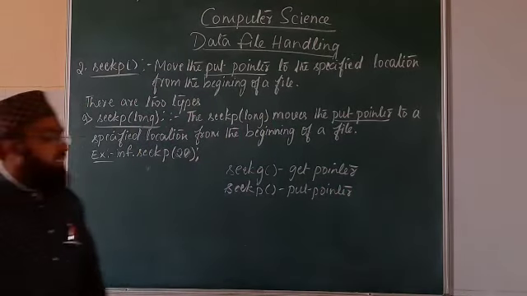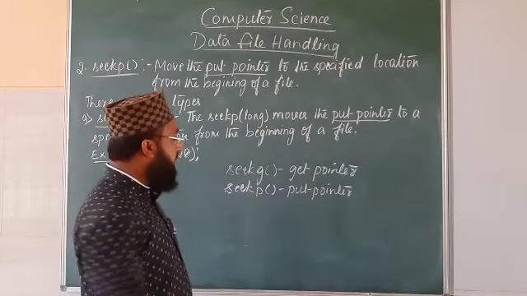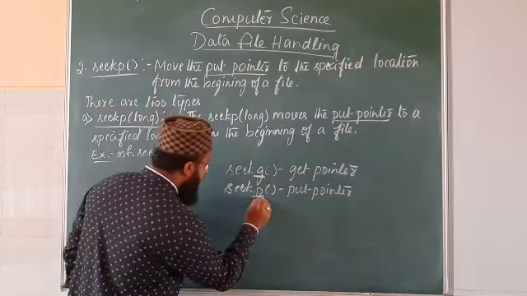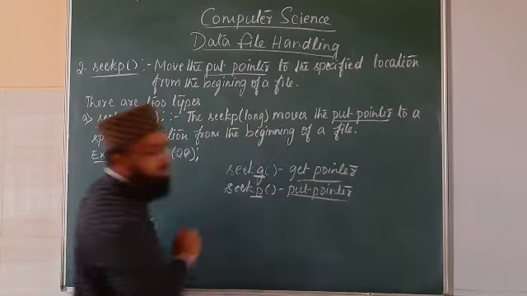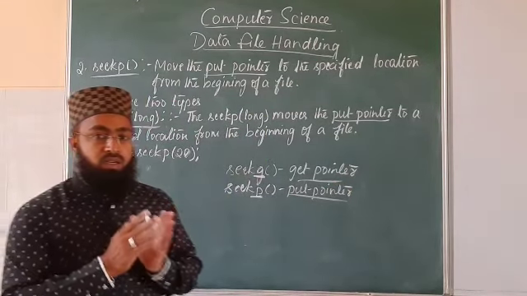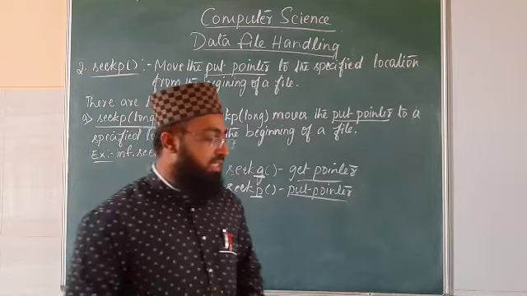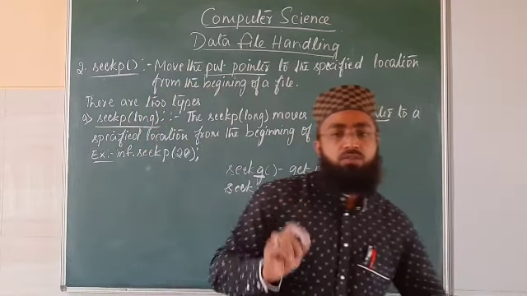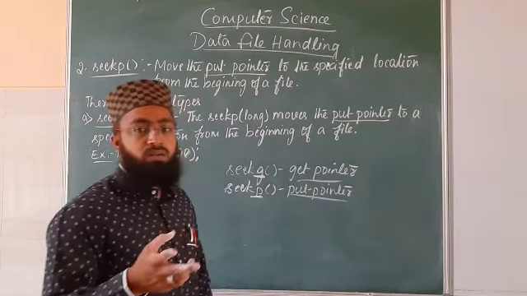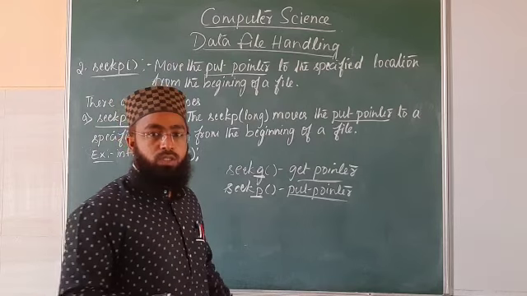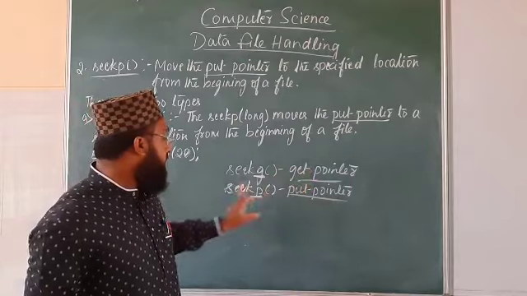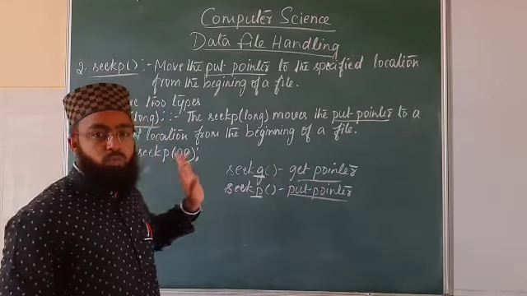Here g indicates get pointer and p indicates put pointer. If you remember like this, you can easily judge the pointers, or else you will get confused and interchange them. So remember: seekg, get pointer; seekp, put pointer.